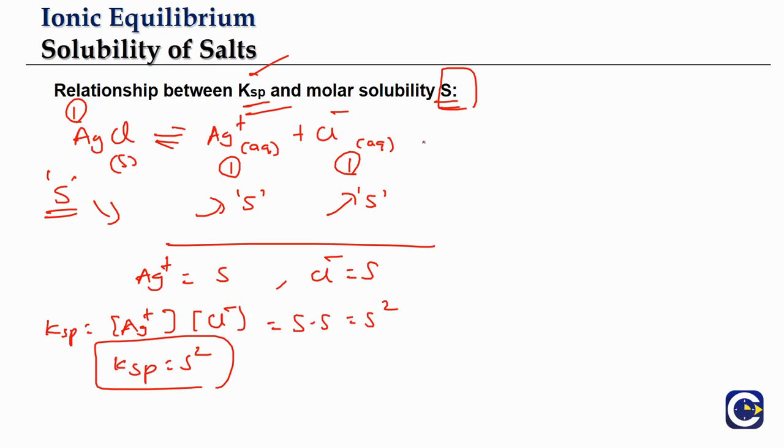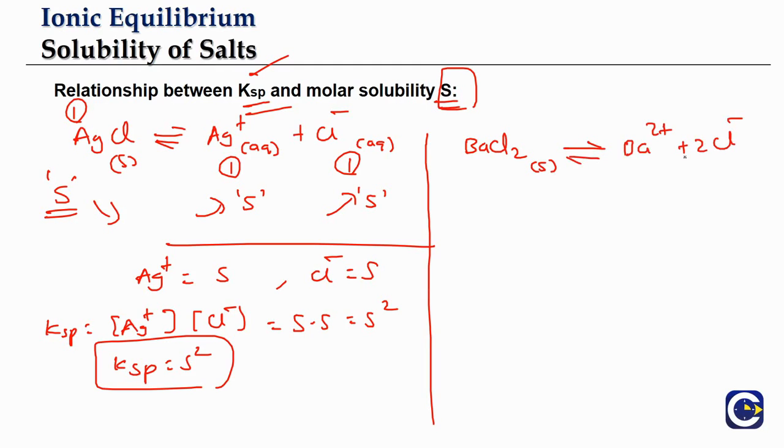Now this is going to change depending upon the type of salt. How? Let's say we take another sparingly soluble salt, barium chloride, BaCl2 solid. It is going to give us Ba2 plus and 2Cl minus, both aqueous.